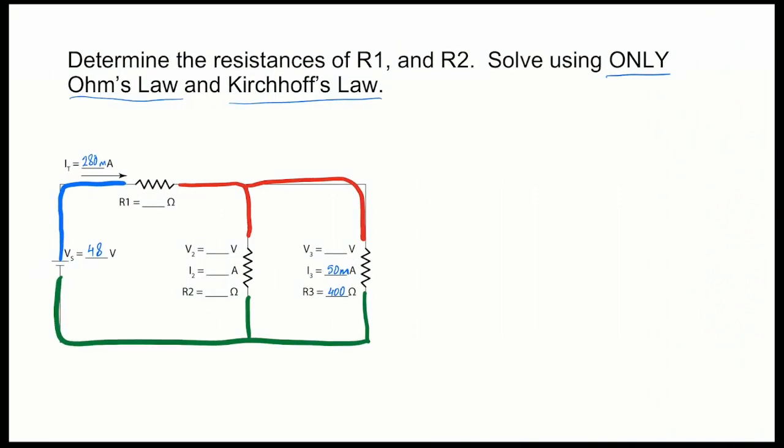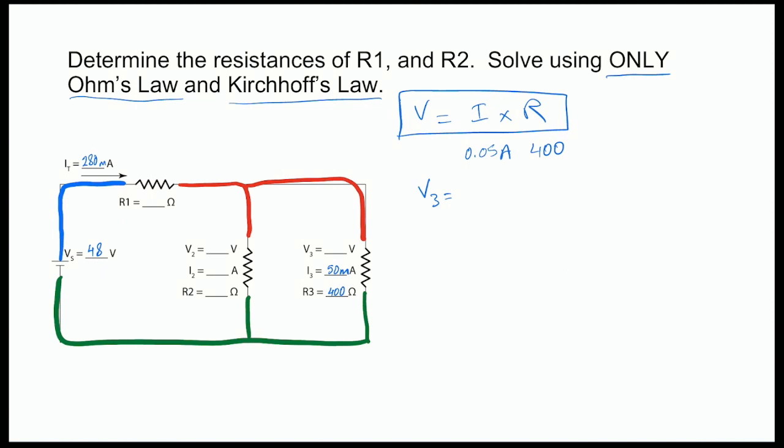And as usual, we're trying to find V equals I multiplied by R, Ohm's law. Possible application in this case, you probably can notice that this R3 here has a couple of values that we can use to calculate the third value. So we know R is 400 for the third resistor, I is 0.05 amps, which is 50 milliamps, and that's going to help us calculate V3.